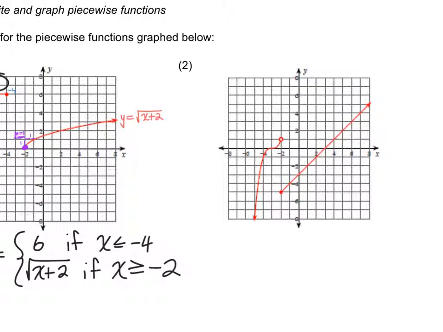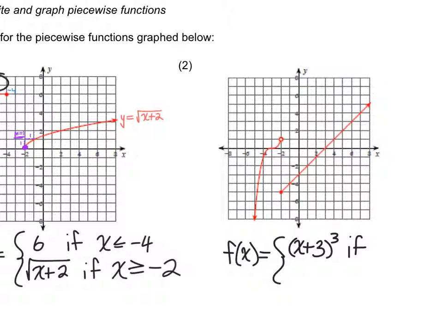So that's going to be pretty easy because all I have to do is say that it's a cubic model with an a value of 1. What's going in the parentheses? X plus 3. Why is it 3?